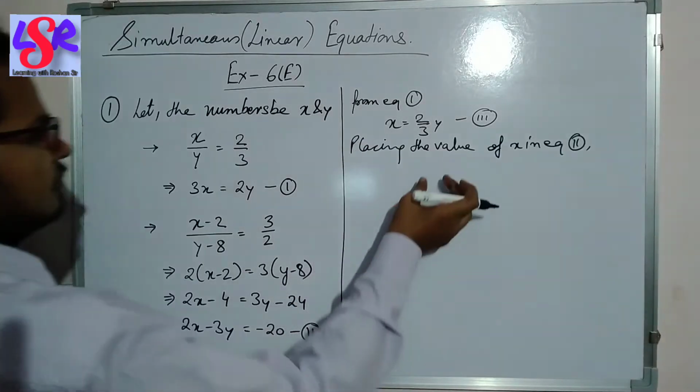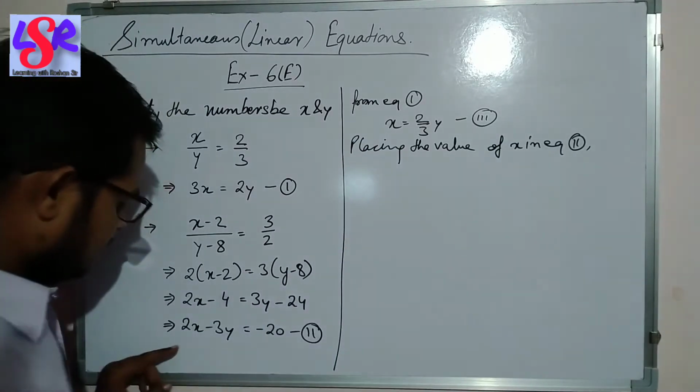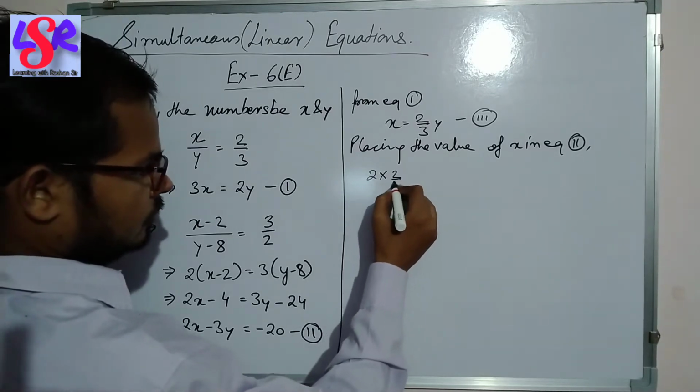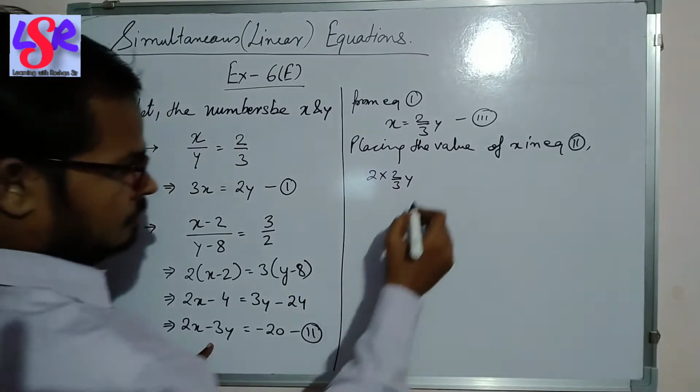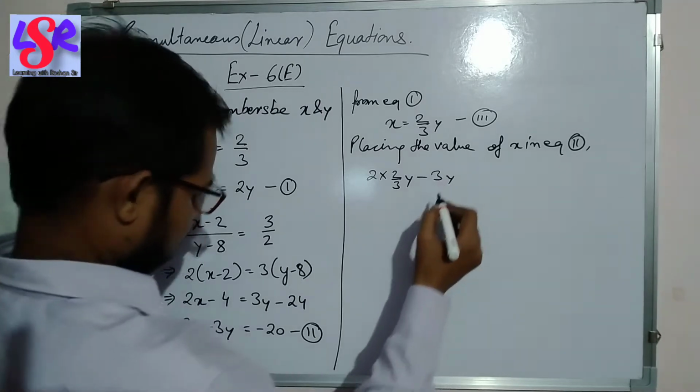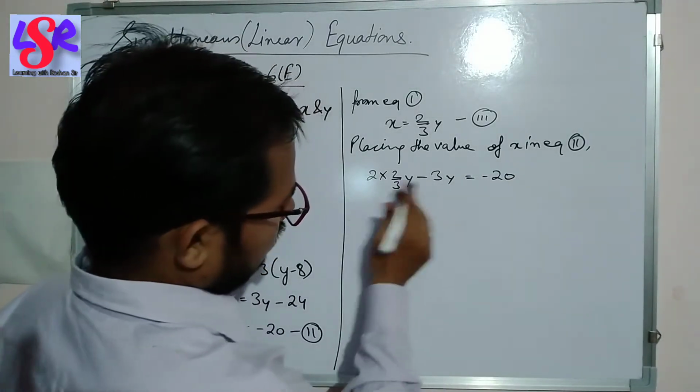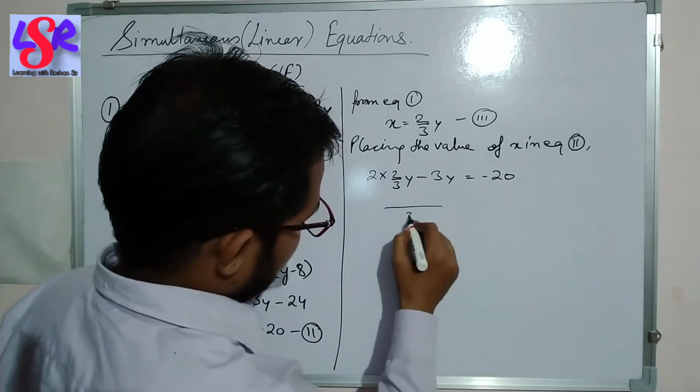So placing the value of x in equation number 2, we get 2 into 2 upon 3y minus 3y equals minus 20. Now take the LCM, we get 3 as the LCM.